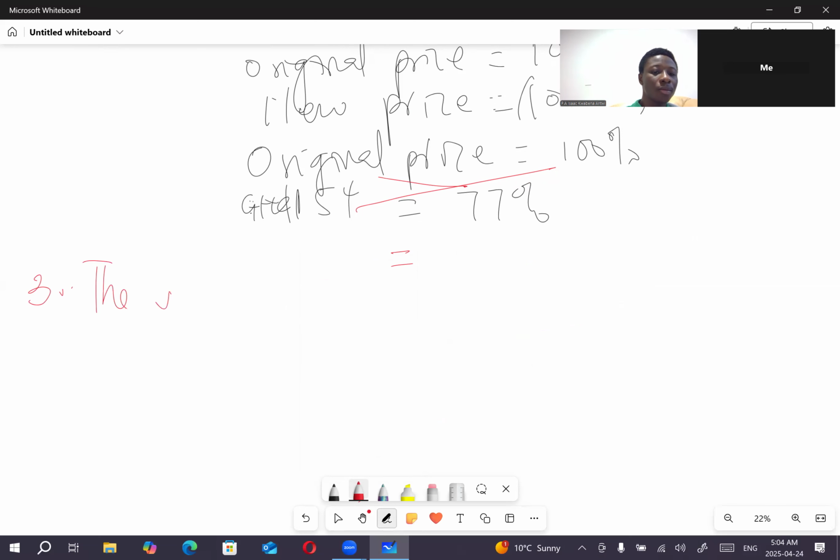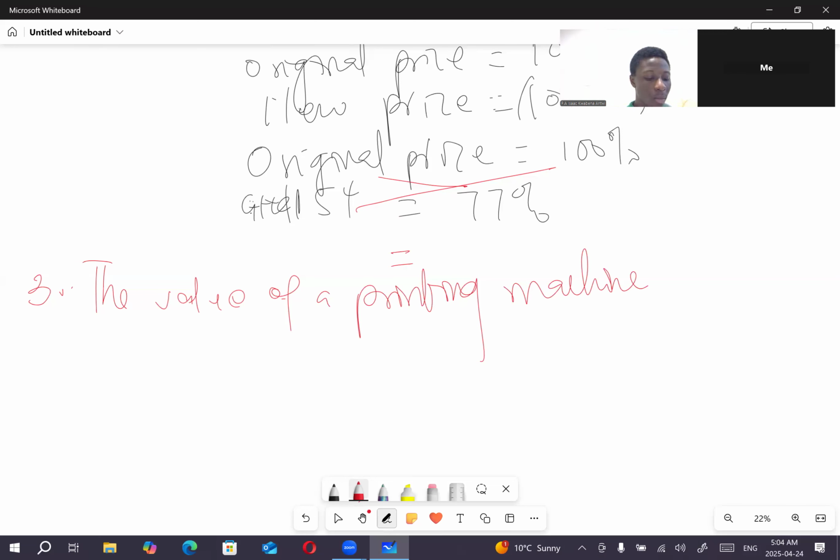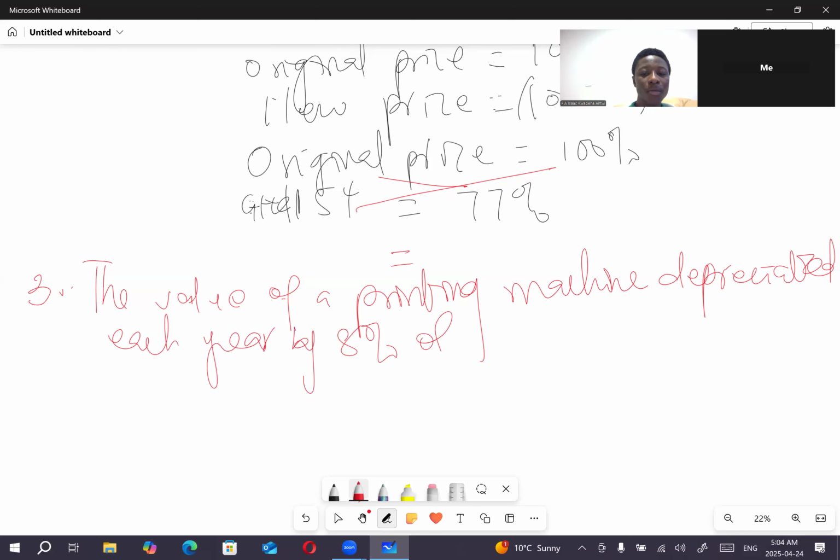The value of a printing machine depreciated each year by 8% of its value at the beginning of that year.